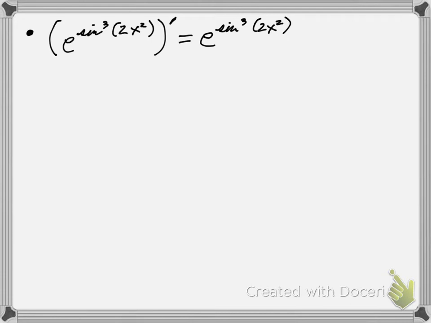And then incorporating chain rule always requires you take the derivative of u, u being again sine cubed of 2x squared. So we take the derivative of that. And to do such, we have to use the chain rule again.